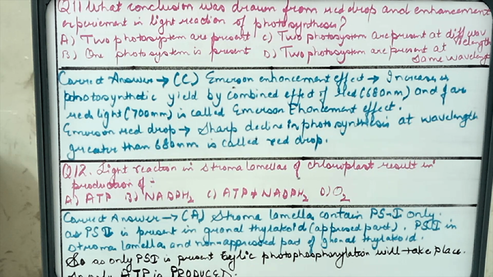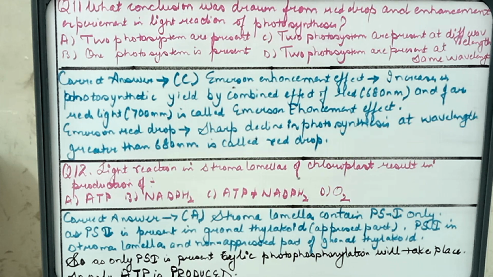Now, what do you mean by enhancement effect? If we expose chloroplast to two wavelengths, that is 680 and 700, then both the photosystem 1 as well as 2 would be functional. So the combined effect would be more and photosynthesis would be more. That is Emerson enhancement effect.